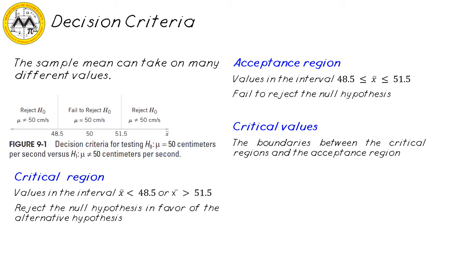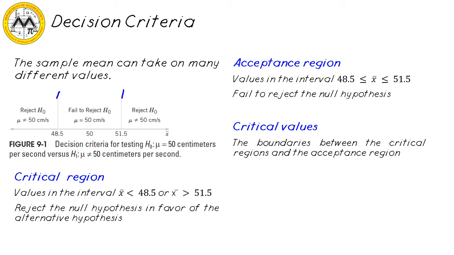So for the critical region, if we consider 48.5 to 51.5 as the acceptance region, we do not reject the hypothesis from 48.5 to 51.5.